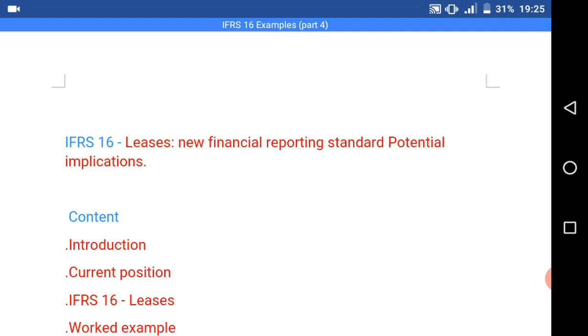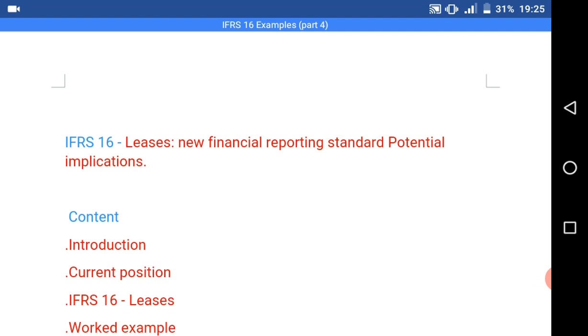We have a new standard on lease, which is IFRS 16, and it bears the same name as the previous standard, as lease. So currently we'll be looking at the difference in the calculation of both lease standards, the old one IAS 17 and the new one IFRS 16 lease.